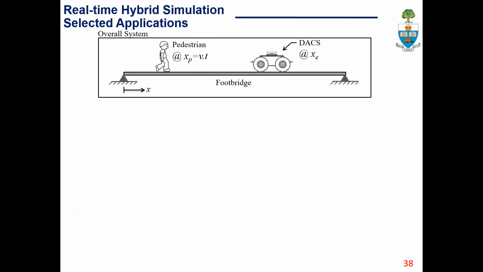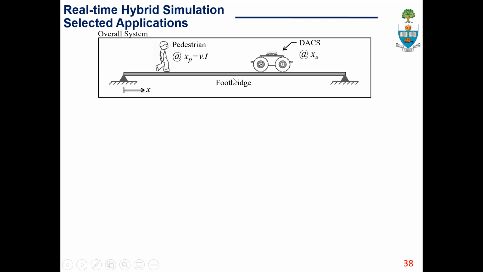With this application in mind, we can look at the overall system. So we have the lightweight bridge, and it is going to experience vibration due to the pedestrian loading, and we are able to employ one of our DAX devices. What will happen in a real application is first the DAX will detect the vibration.